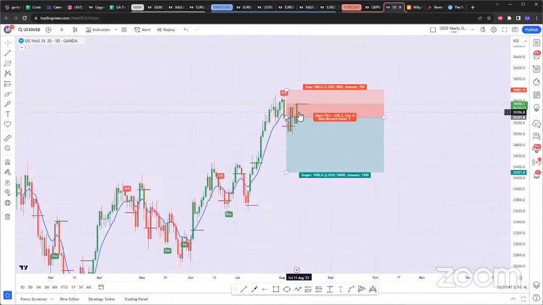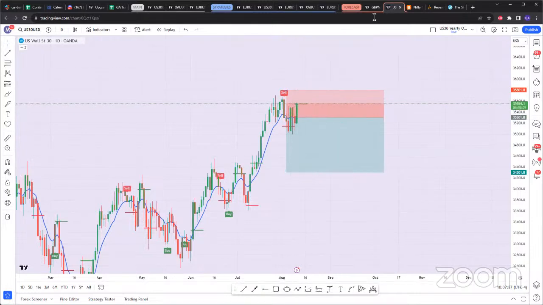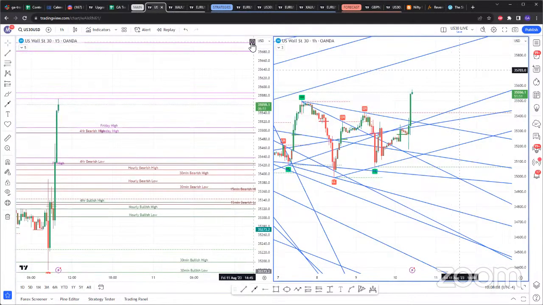For me to change my bias on the daily to a buy, I need a daily candle to close above this SAR zone that has just been established. But right now on the daily I'm still a sell, and on the hourly I'm a buy. I hate when that happens because it's just confusing sometimes. And maybe such days are the ones where you just have to stay out of the markets.